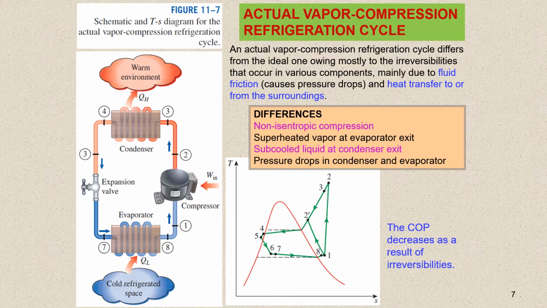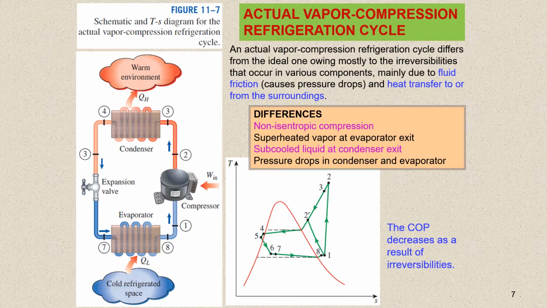Thus, there is an increase in the power input requirements to the compressor, since steady flow work is proportional to the specific volume. The compression process in the ideal cycle is internally reversible and adiabatic, and thus isentropic.